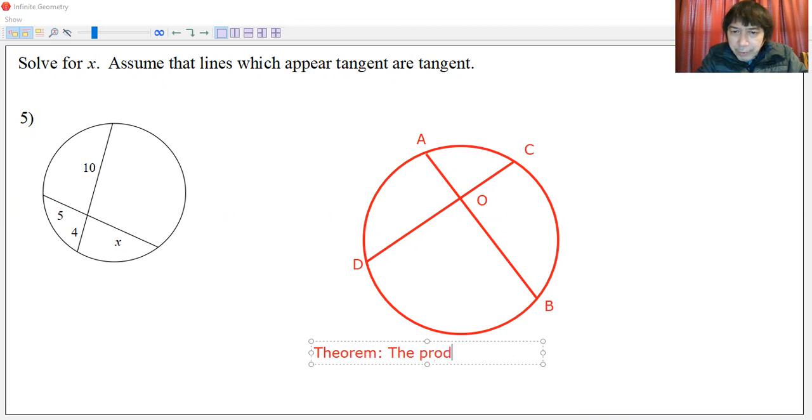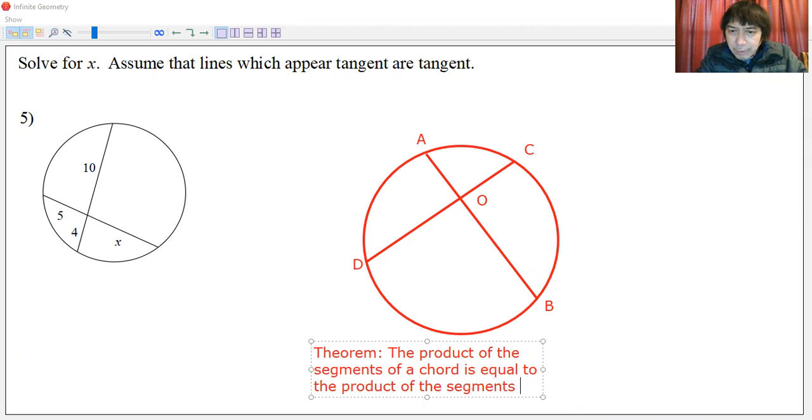The product of the segments of a chord is equal to the product of the segments of the other chord.